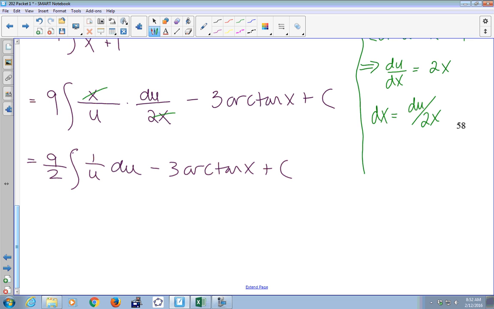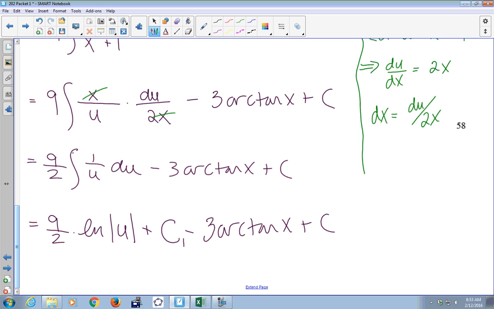At this point, now I can try to take an antiderivative. Do I know a function whose derivative is 1 over u? ln. So we have 9/2 times the ln, actually the ln of the absolute value of u, plus c, minus, we'll call this c1 because it's maybe different than the other c.